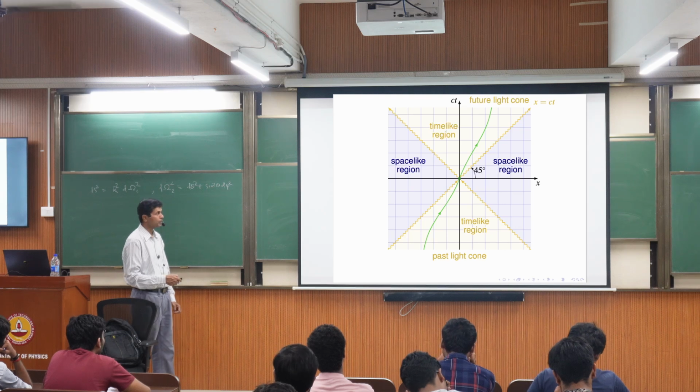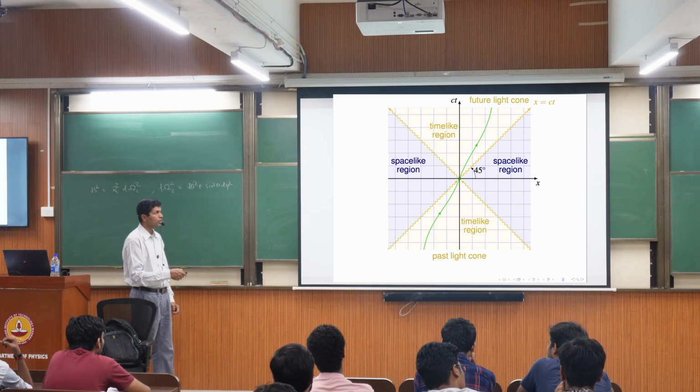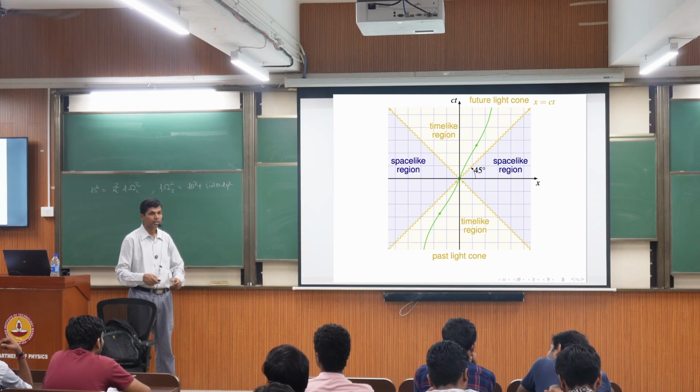If it is a massive particle, it travels at a speed less than the speed of light. If it is not, then no signal can actually connect these two points.